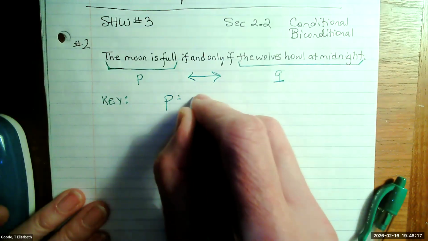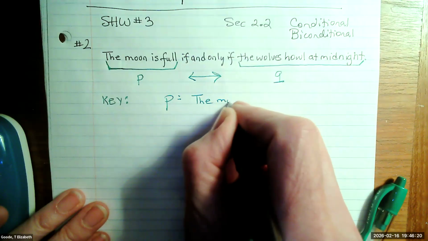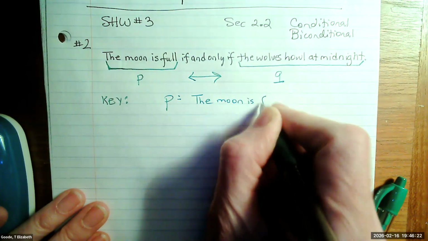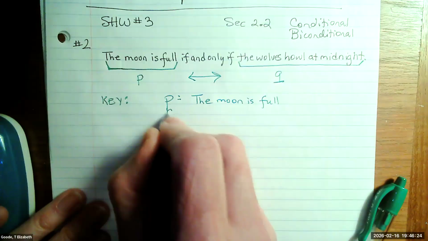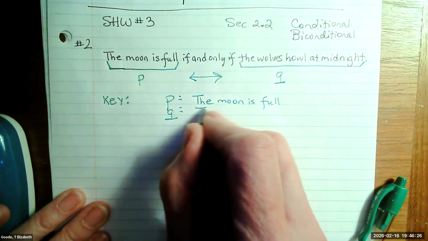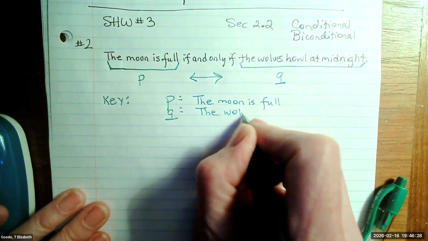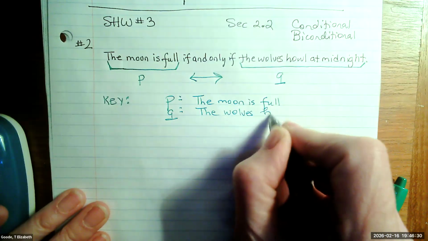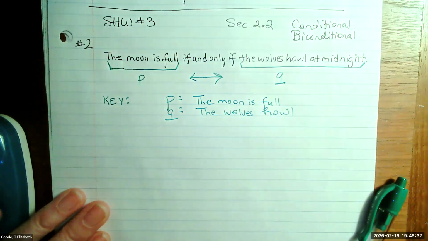Yeah. So we make a key. P is the moon is full, and we're going to use this key over and over. And Q is the wolves howl at midnight. I'll just say the wolves howl, okay, to make it shorter.